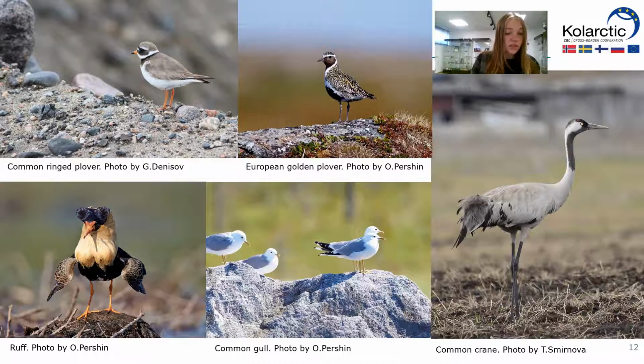Other species like swamplands with thatch grass, like this golden plover. Parts of the river with muddy bottom are occupied by ruffs. Cranes prefer large swamps near coastline, and common goose can be found in any part of Pasvik River on swamps and lakes.